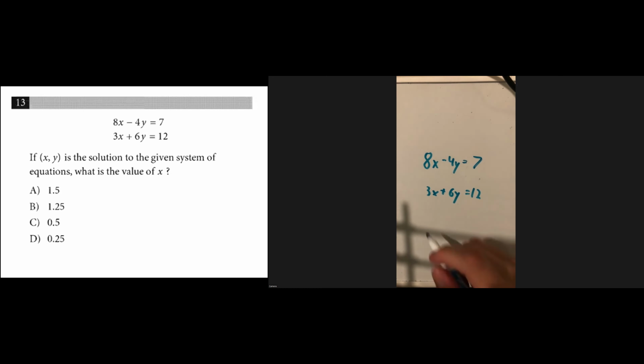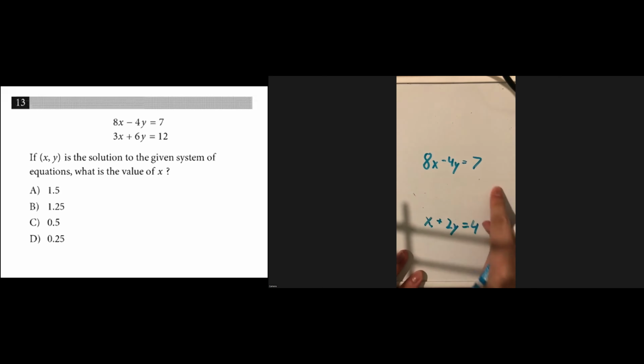Okay, so for this one, we have two equations. The first thing I did was simplify the bottom equation because they all have a common factor of 3. So 3x becomes x, 6y becomes 2y, and 12 becomes 4. Now we're working with two simpler equations, and we're asked to find the value of x.